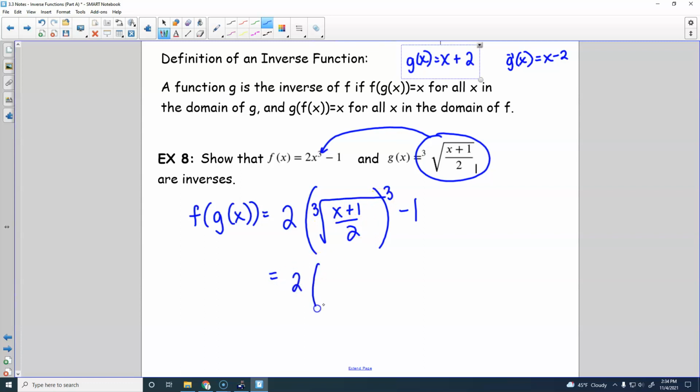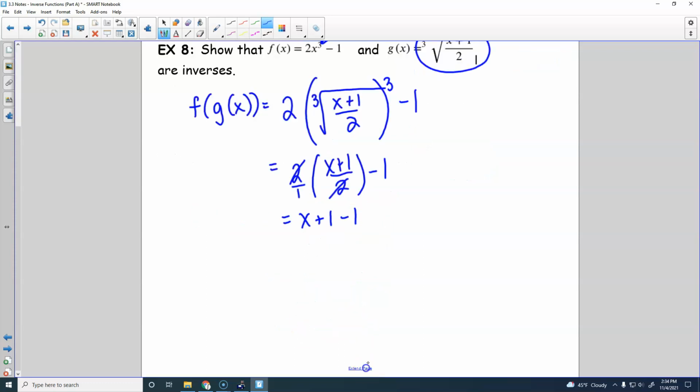So I'm going to have 2 times x plus 1 over 2, minus 1. What cancels next? This 2 is like 2 over 1, so you've got one in the numerator and denominator. So that's going to give you x plus 1 minus 1, which of course is just x. So it looks like they're inverses this way.